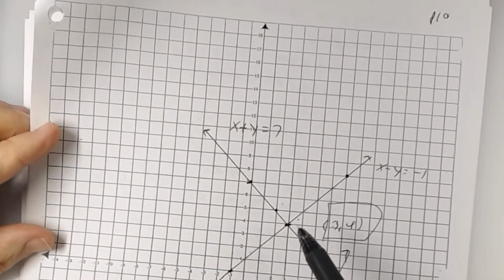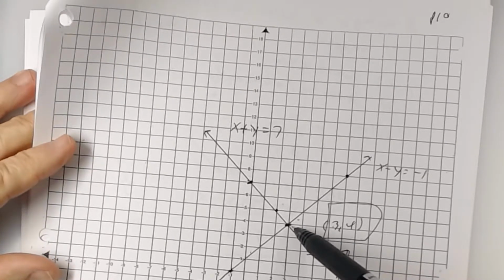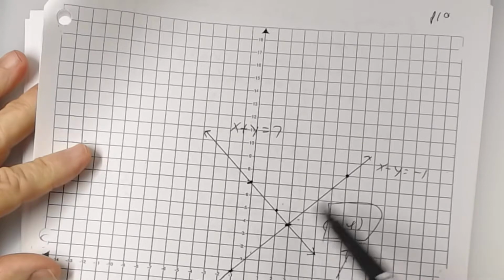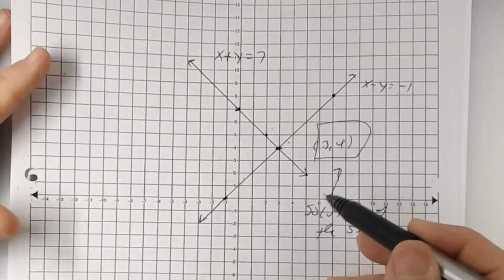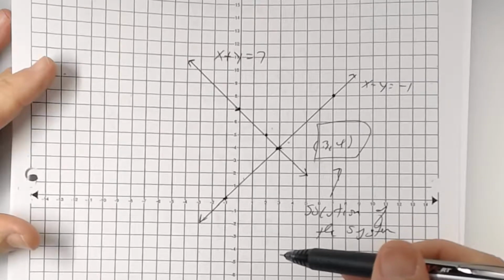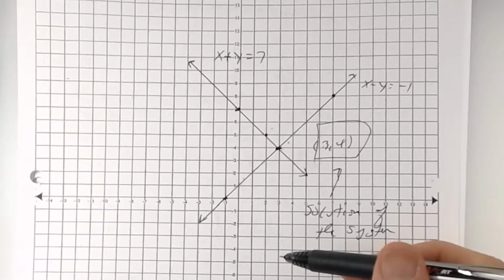Those two lines intersect at one point, and so this was your solution right here. So this system had a solution, and we call it a consistent system. In the past, you used the word conditional. With the system, we're going to call it consistent.